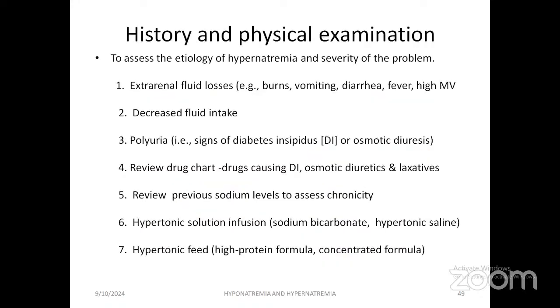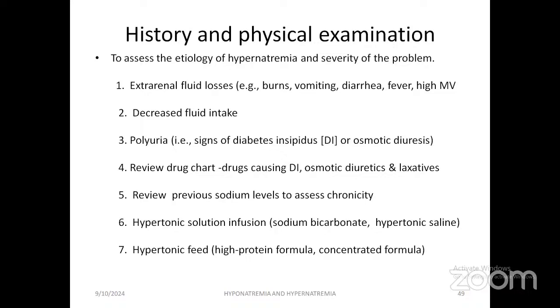History and physical examination is important to assess the etiology of hypernatremia and severity of the problem. We have to look into extrarenal fluid losses, for example burns, vomiting, diarrhea, fever, and high minute ventilation in patients who are mechanically ventilated. We have to look if there is any decreased fluid intake or polyuria.